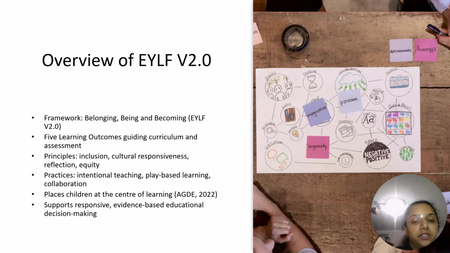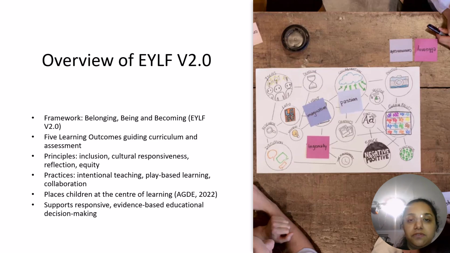So, talking about this framework, the EYLF V2.0 is built around the core themes of belonging, being, and becoming. This guides how we understand children's identities and support their development from birth to 5 years. The framework includes 5 learning outcomes, 8 principles, and key practices that shape high quality early childhood education.